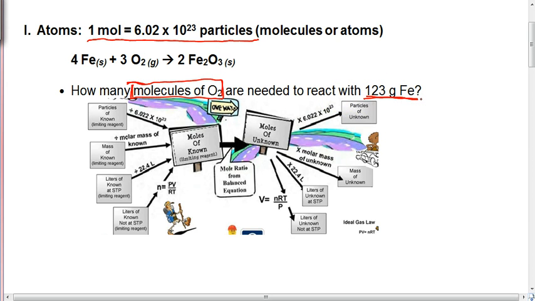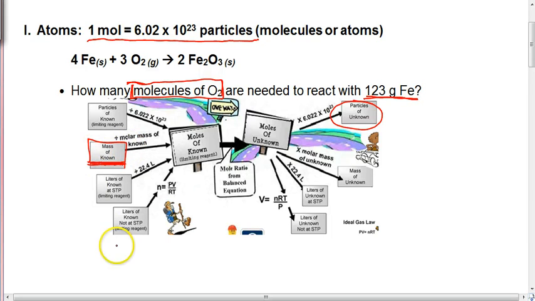Then you could look at this handout that you hopefully got from your teacher and kind of look at what you know. You know the mass of something. Ignore that word limiting reagent for now. So this is where we're starting, and we want to figure out how many molecules, which is a kind of particle, of something else we have. So you can see here that there's going to be 3 steps.